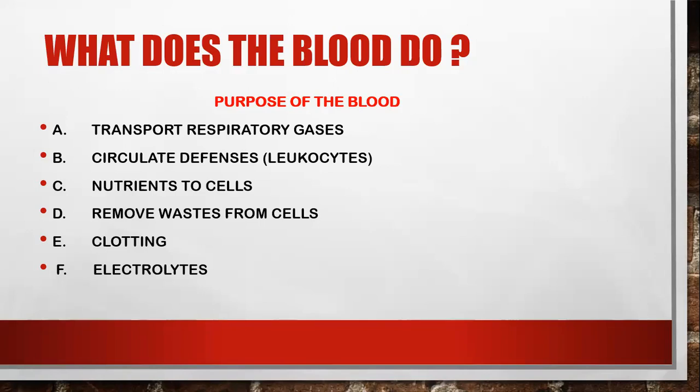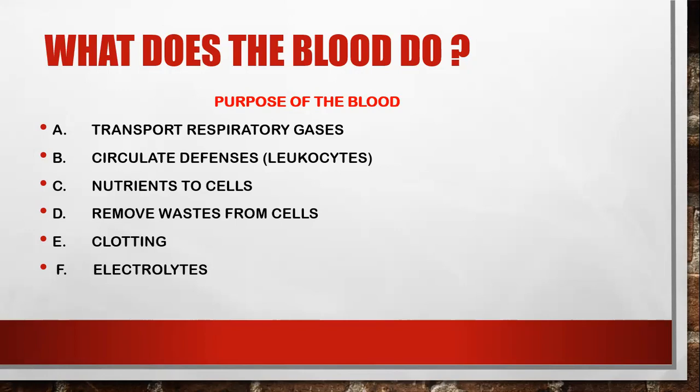The nutrients, like the vitamins you take in, vitamin D and vitamin C, iron fortified foods, fiber, all that kind of stuff. Those are the nutrients that your body absorbs when you eat. It gets into the bloodstream and the blood carries the nutrients all over the body.